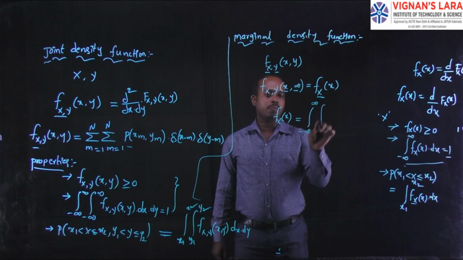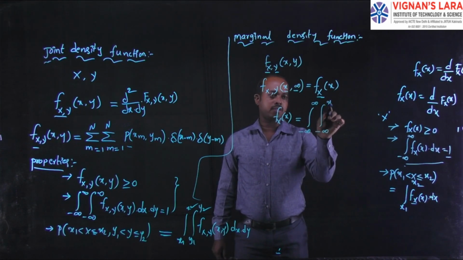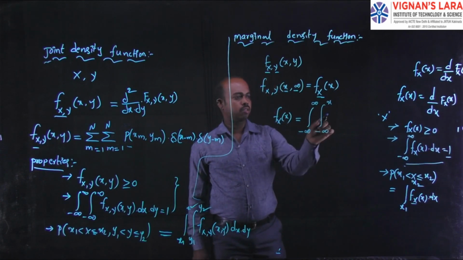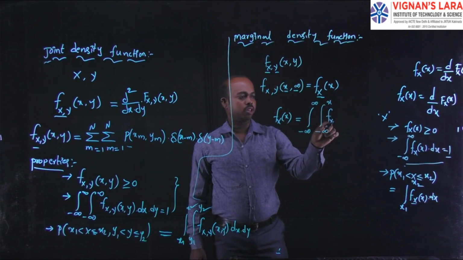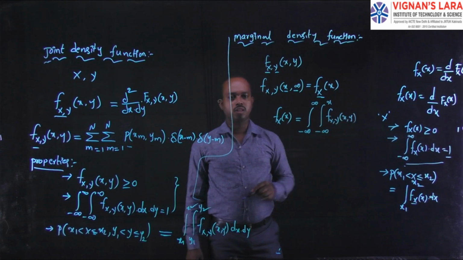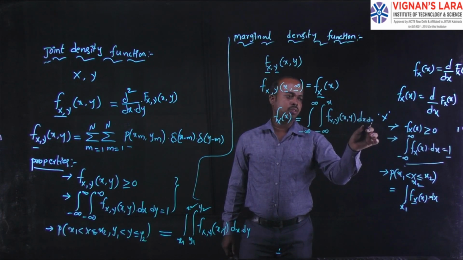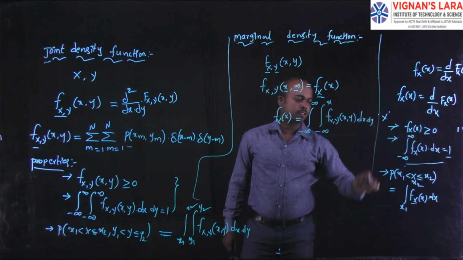What value do we obtain? The limits assigned are minus infinity to x. Minus infinity to x of its joint density function f(x, y) of x comma y, dx dy.